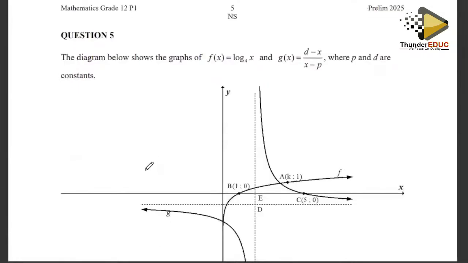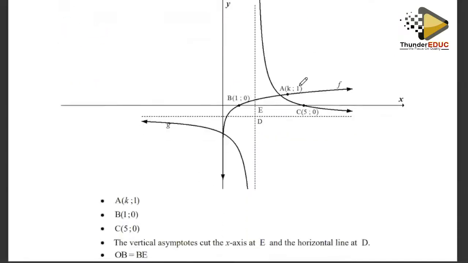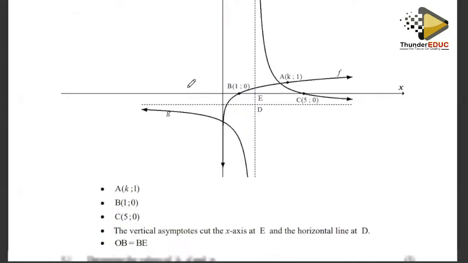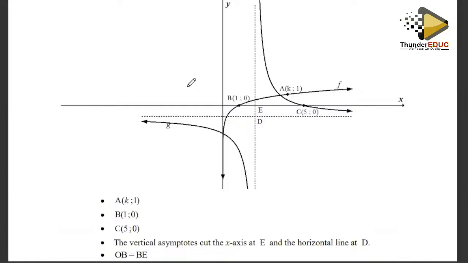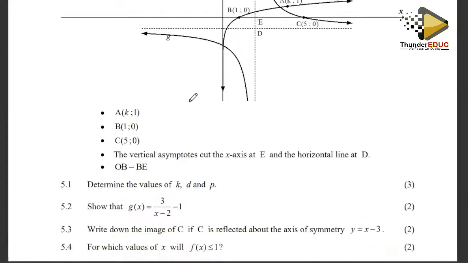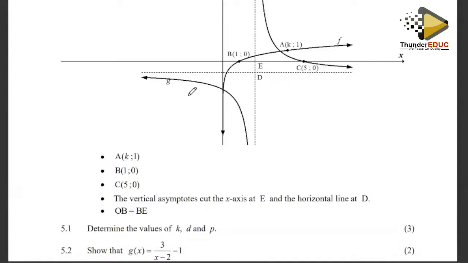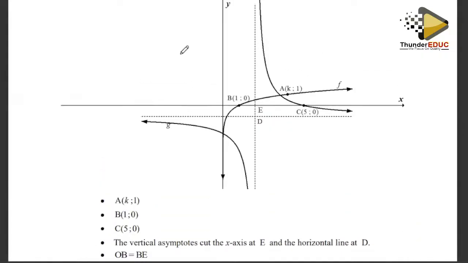Question number 5, we have a hyperbola in this form, and then we have a log function, which is kind of exponential. They gave us these conditions. A is K1 and all of that. The vertical asymptote OB is the same as BE.